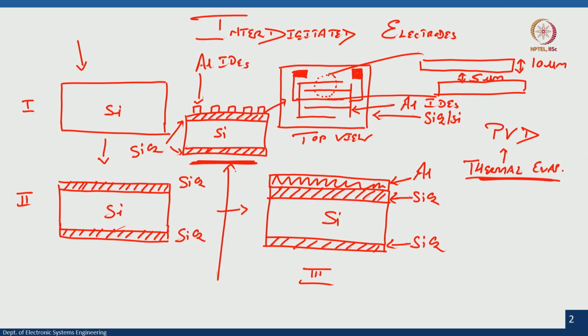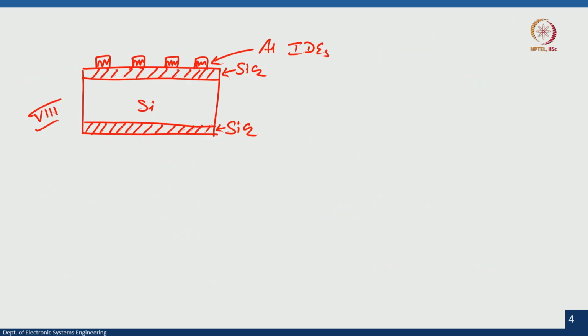See, this one is similar to our 8, isn't it? We have oxidized silicon substrate on which there are aluminum interdigitated electrodes. So, this is the beauty of lithography, that you can pattern the aluminum material or any other material per se and get the different structures.